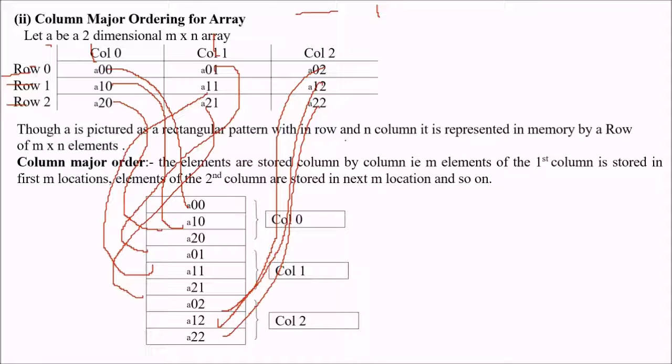So the elements are stored column by column, that is, the m elements of the first column are stored in the first m locations. Elements of the second column are stored in the second m locations. This is column major ordering for arrays.